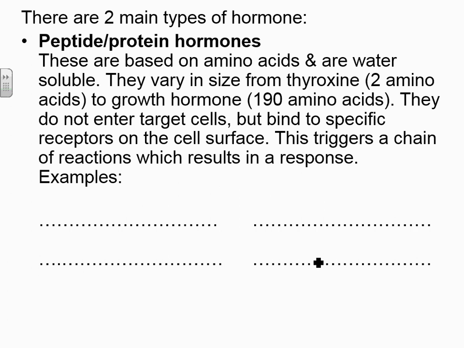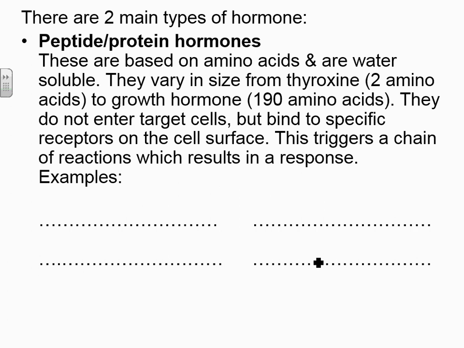It's to do, and this is making an assumption that you're thinking about the digestive system. If you put anything that's more than a few amino acids long into the digestive system, it will digest it. It's not just dissolve it, it's actually digest it, break it down, and so you've no longer got the hormone.